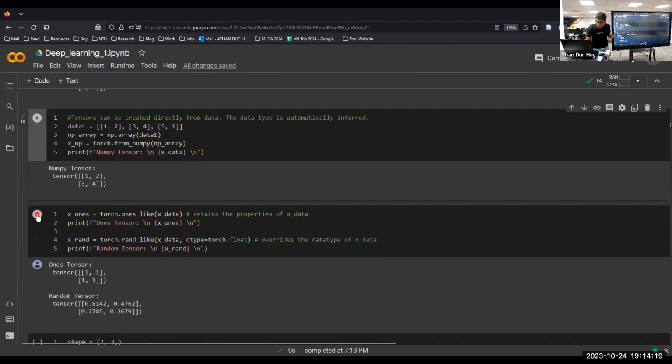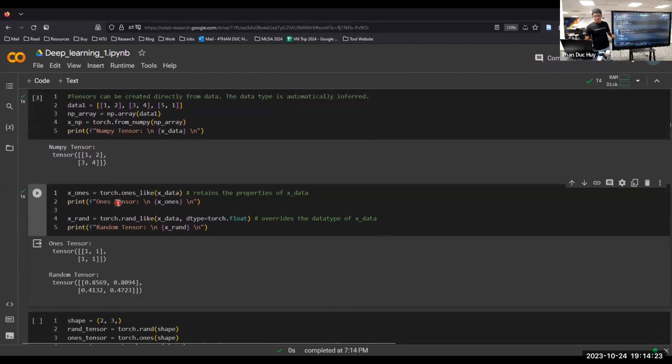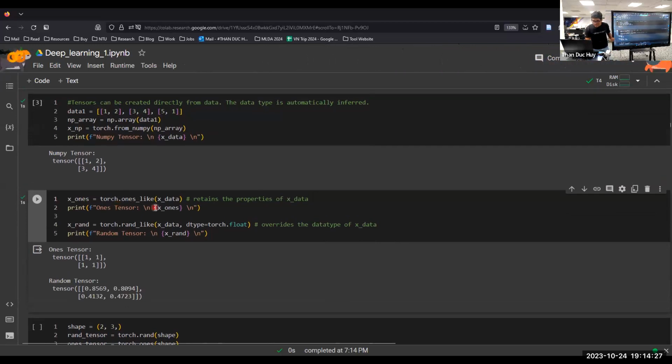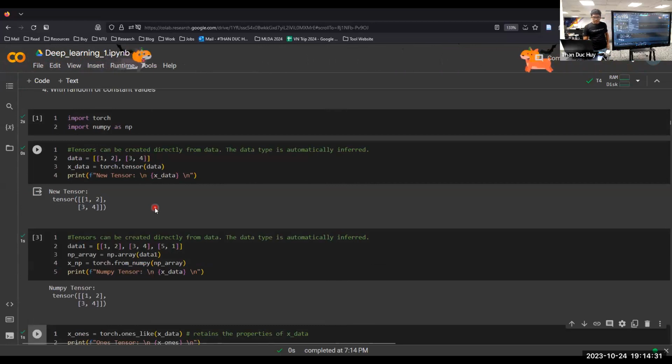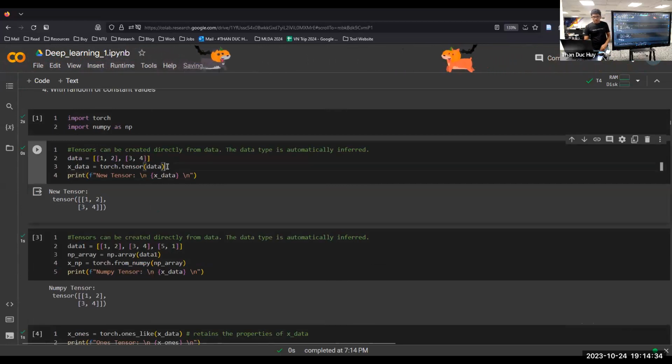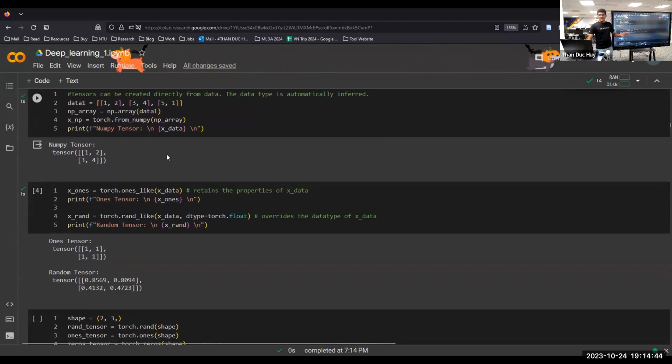Here we are making a tensor by using the properties of another tensor. Now, x_data is a tensor that we've already made here. We will be using the properties of that, the shape of the tensor, to make new tensors with certain other properties.